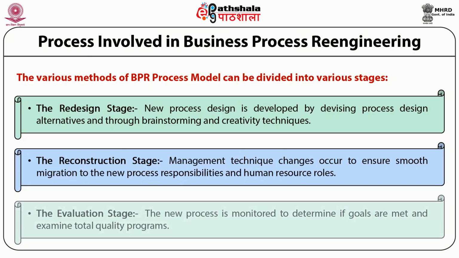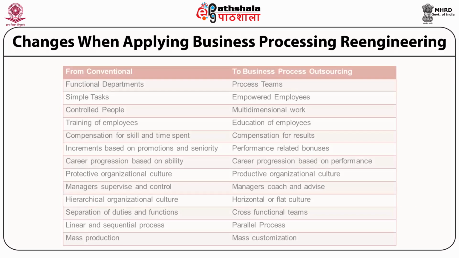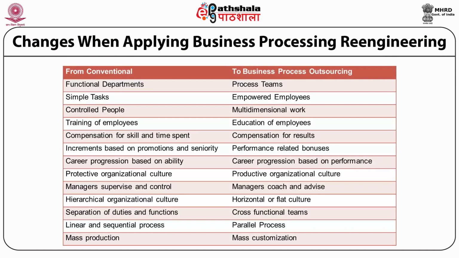While in the evaluation stage, the new process is monitored to determine if goals are met and to examine the total quality program. The following table summarizes the various changes that the organization undergoes when applying business process reengineering.